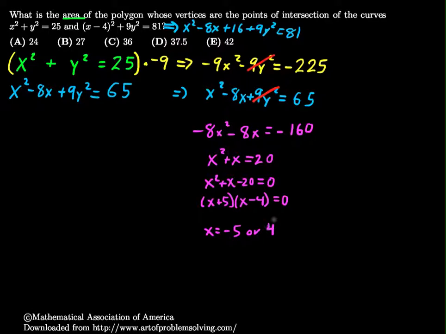And then I'll bring these back into one of these equations. I'm going to use the top one, it's a little easier, and find my possible y values. So if I bring it back in, x equal to -5 will imply that -5 squared plus y squared is equal to 25. -5 squared is 25.